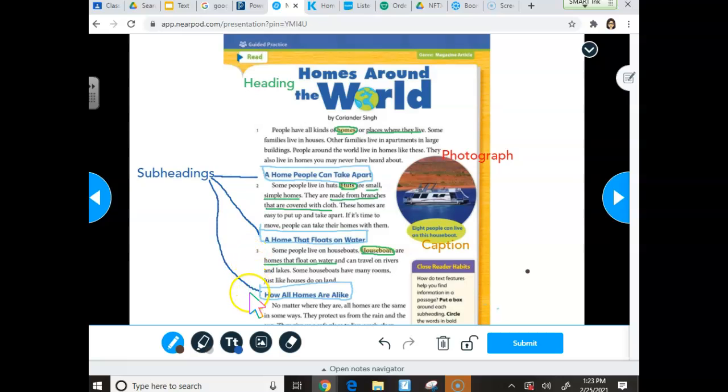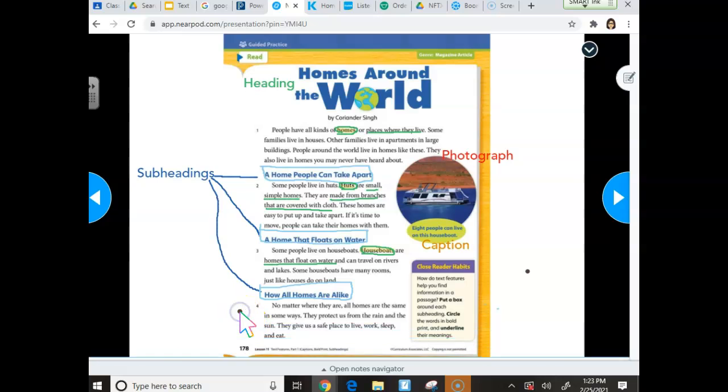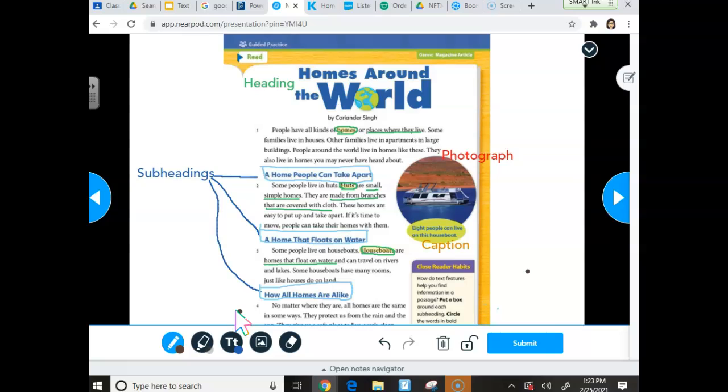All right, and then how all homes are alike. And we can think about that no matter what. We can think about how they're alike and start forming ideas in our heads. So do these subheadings start making you think? Yes, because they are very specific to the topic. They help you start thinking very closely to the topic that you're on.